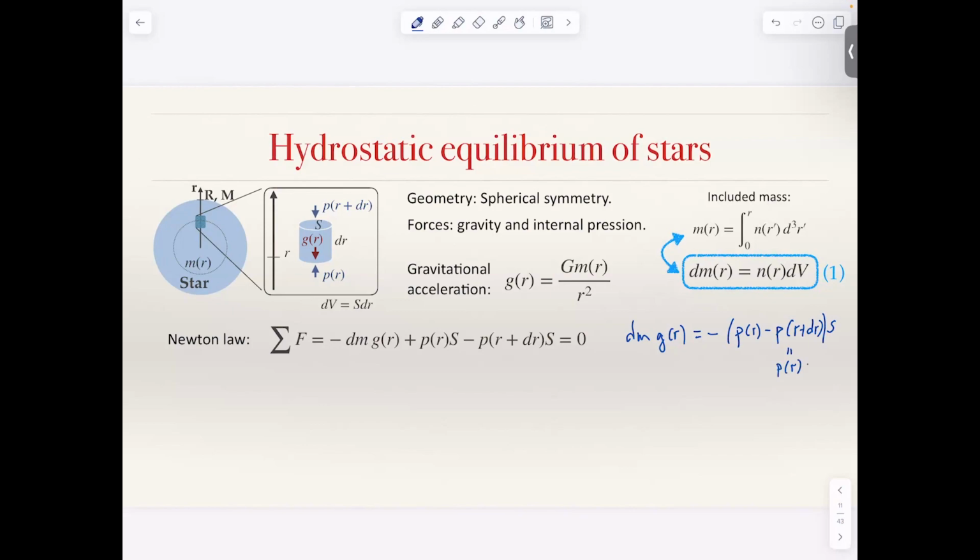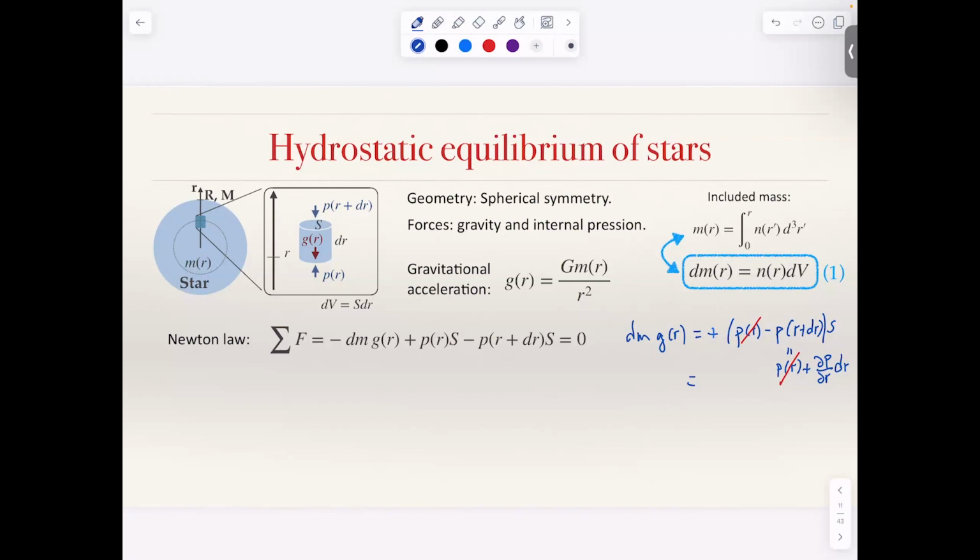So this is P of r plus dP/dr dr. Okay, so then what I obtain here, P of r minus P of r. No, excuse me, I put a minus here. Sorry, it is a plus.